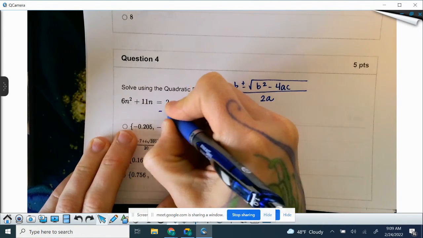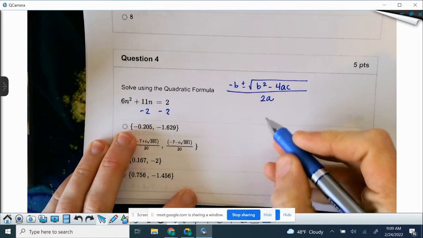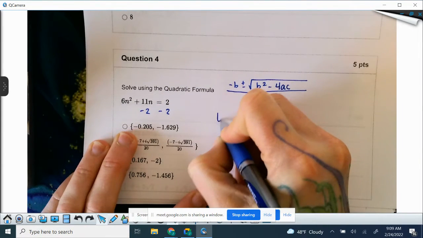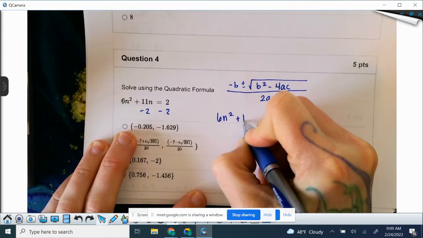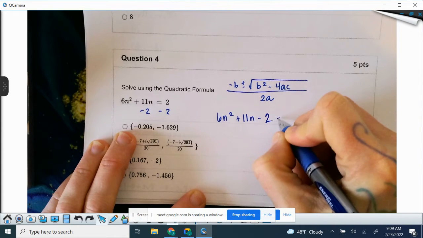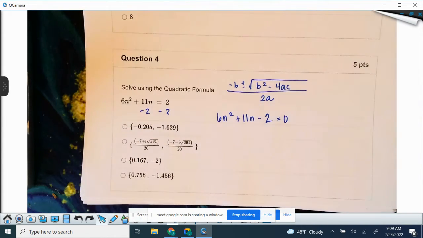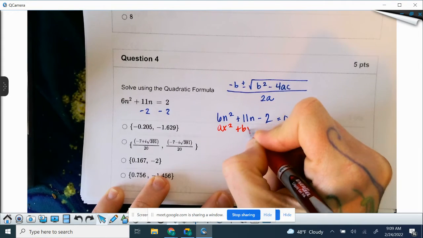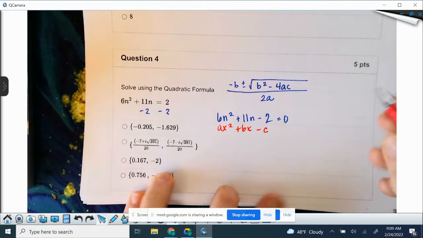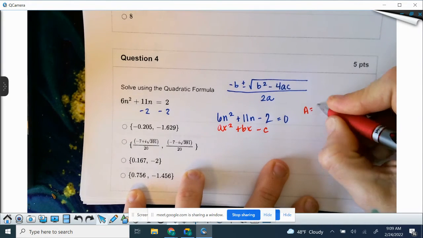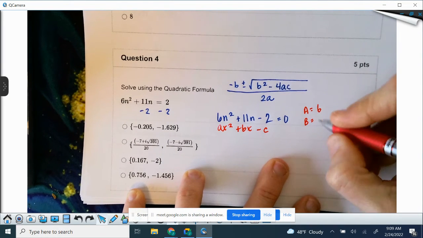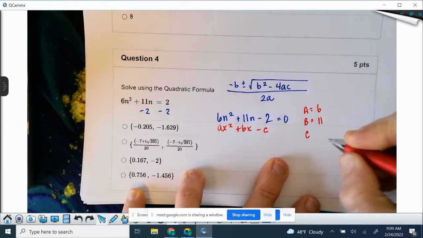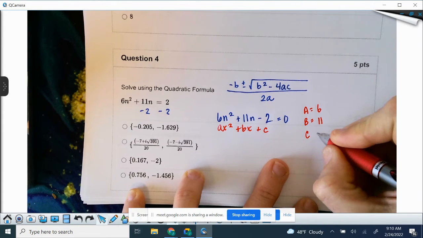So you want to subtract 2 from both sides. So we're actually plugging in 6n squared plus 11n minus 2 for our a, b, and c. That's ax squared plus bx plus c as far as looking for your a, b, and c. So a is 6 in this case, b is 11, and c is -2.